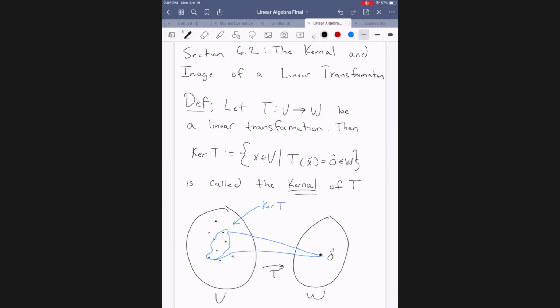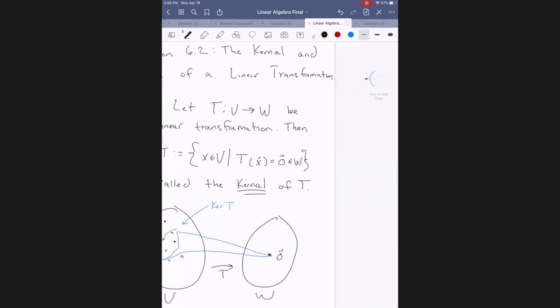Okay, so if, for example, the linear transformation was a matrix, then that corresponds exactly to the null space of A, right? Like say T was defined as T of X equals AX. Then the kernel is exactly this.